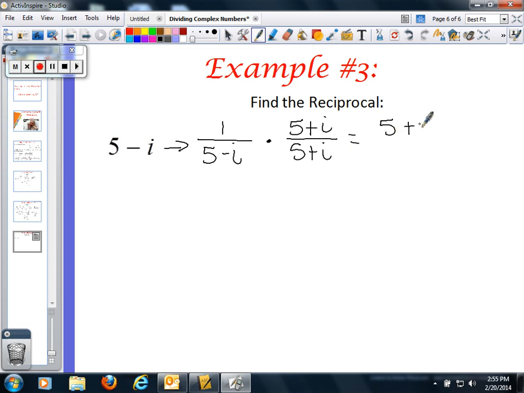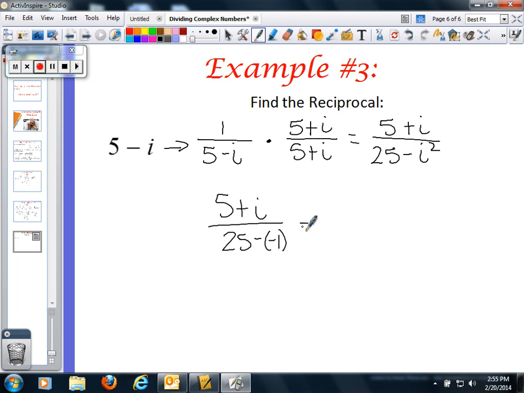This is 5 plus i over 5 squared is 25 minus i squared. This is 5 plus i over 25 minus negative 1, which is 5 plus i over 26. And there's my answer. Okay?